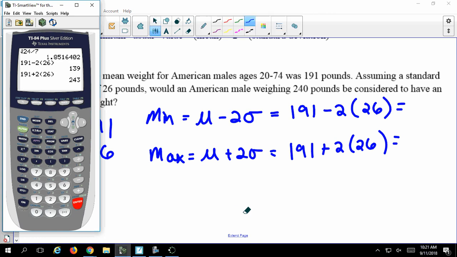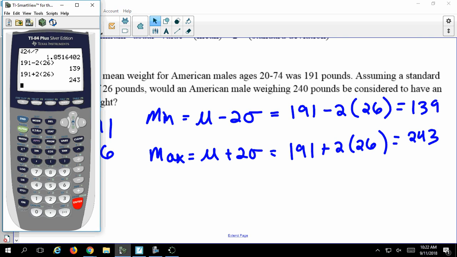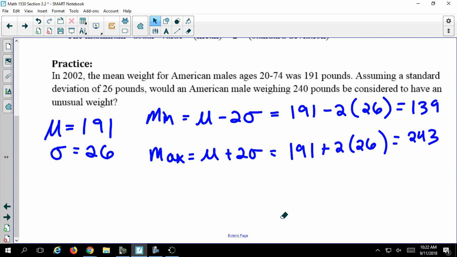So this means any weight for an American male between 139 and 243, we're going to say that's usual, and outside of that is unusual. So would an American male weighing 240 pounds be considered to have an unusual weight?